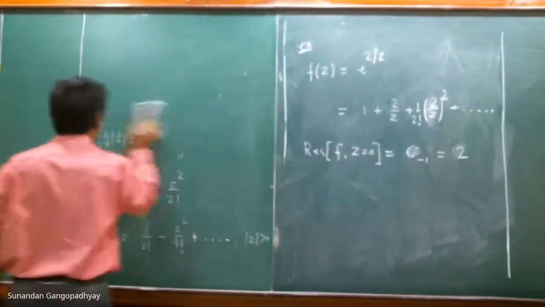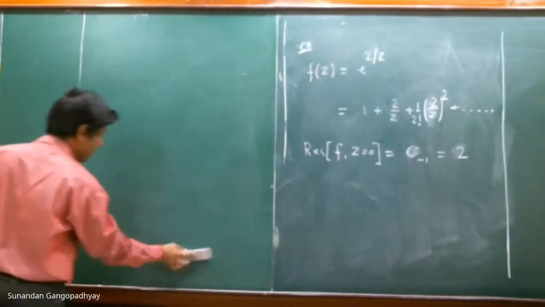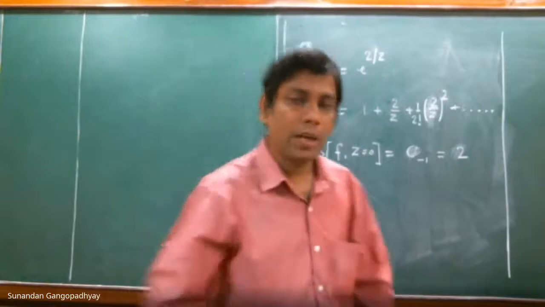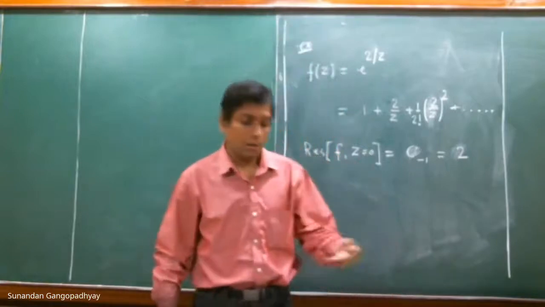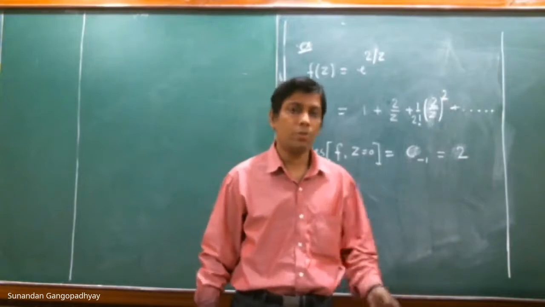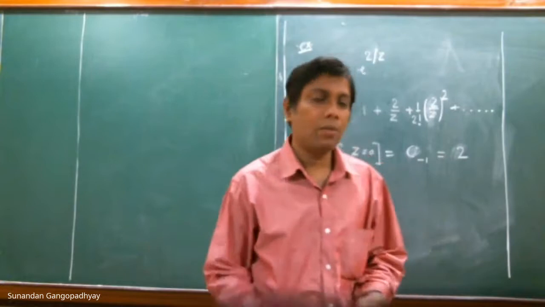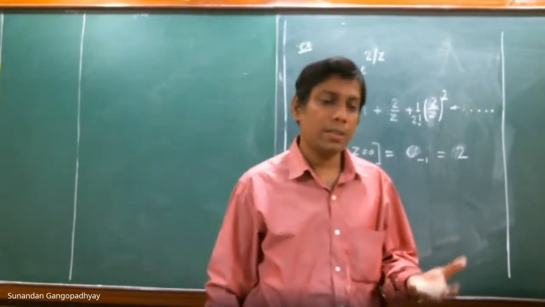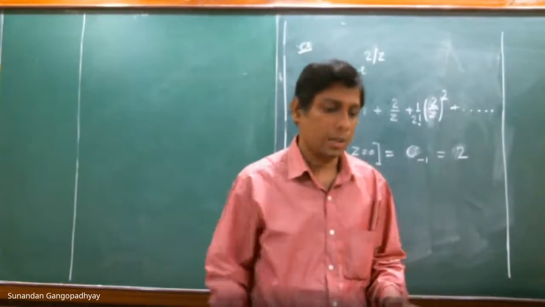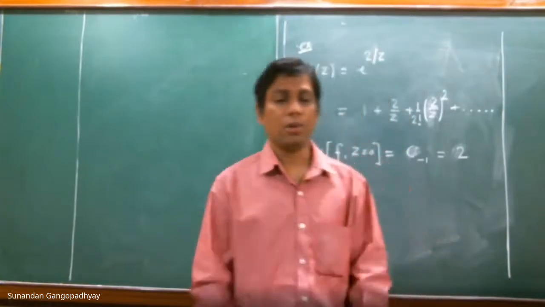So if I ask you in the examination, I shall give you some function of a complex variable, and I tell you to find out the singularities of the function and the type of singularity. You should be able to first of all find out the singularities. By finding out the singularities, it basically means that you take the function and find the poles of the function, the points where the denominator is equal to 0.